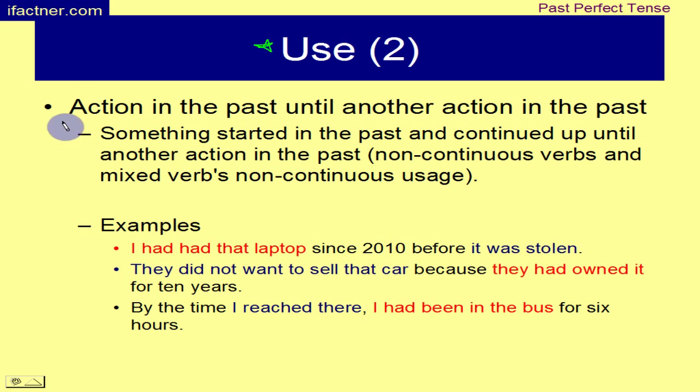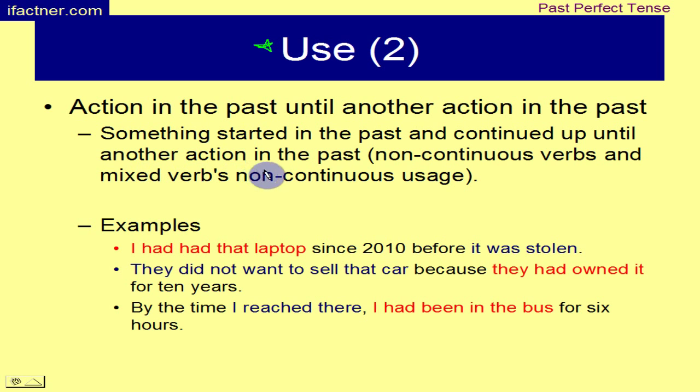We also use past perfect tense for the situations in which an action in the past continues until another action in the past. That is, something started in the past and continued up until another action in the past.